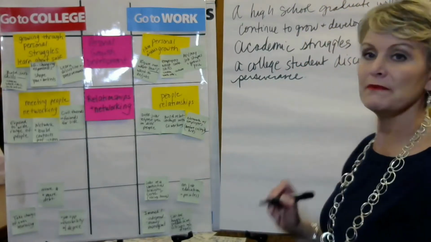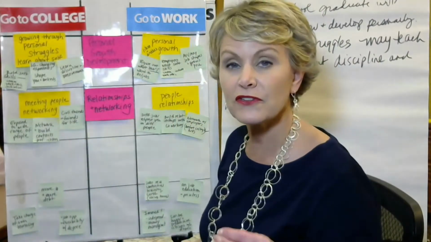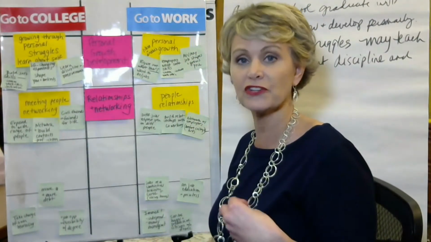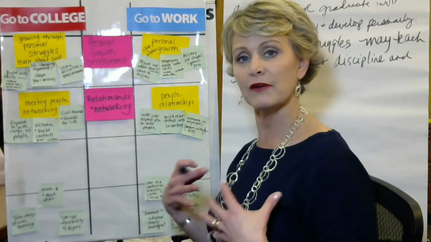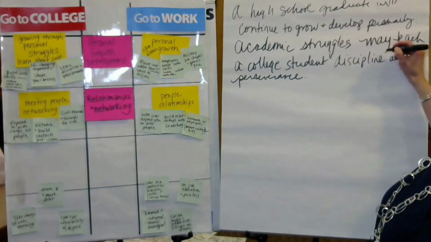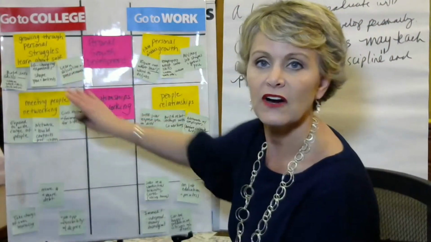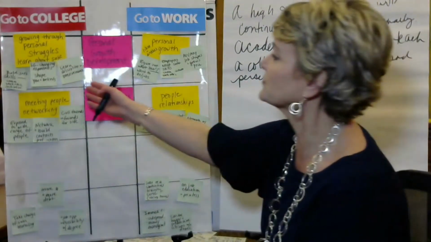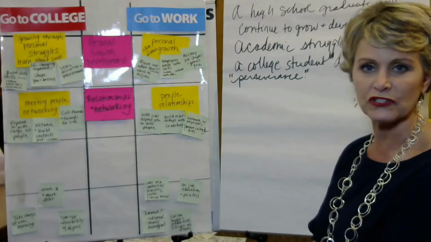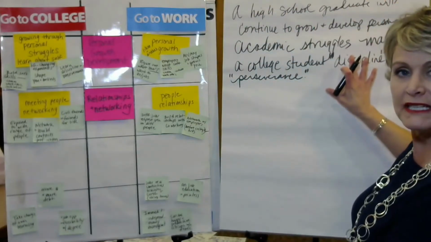Okay, now, remember, these details in green, they're the author's words. They came from the text. And so this is where I want to make sure that it's very clear what are my words and what are the author's words. And so this idea of discipline came right out of the text. That was a text detail, okay? And perseverance was also, and so I could put those in quotes too. Okay, so I've talked about growing in our discipline as a college student.